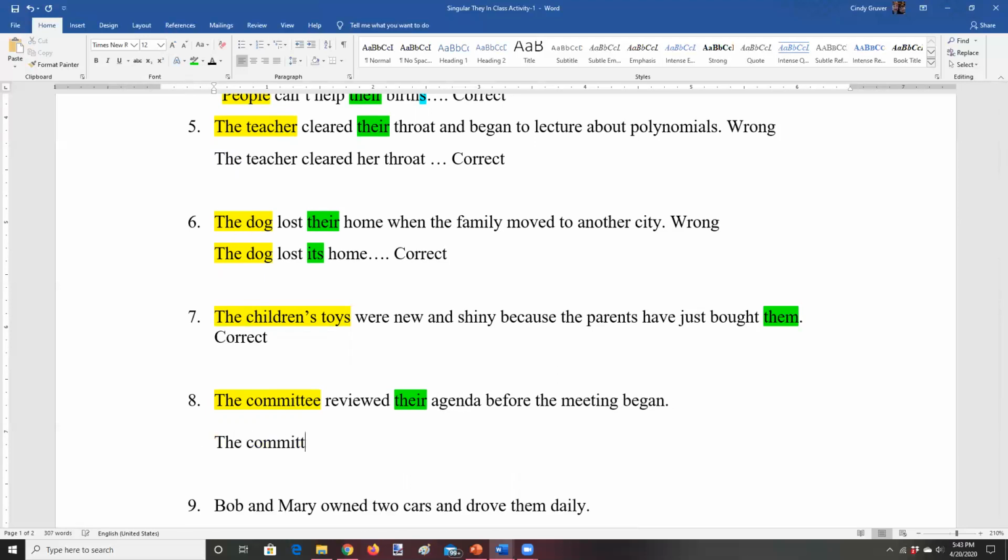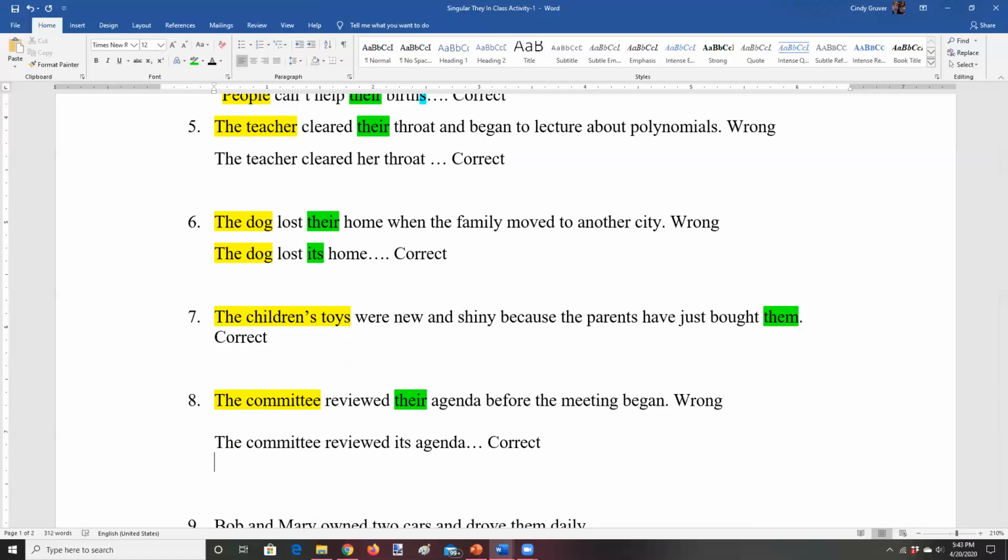The committee reviewed its agenda. And this is wrong. But we could change this because sometimes sentences like this sound weird. So we could say this: the committee members reviewed their agendas, and since presumably each one of them got an agenda, this would also be correct.